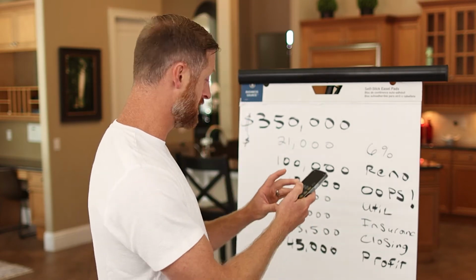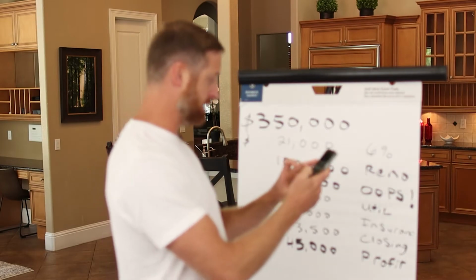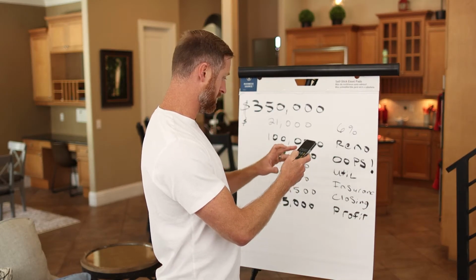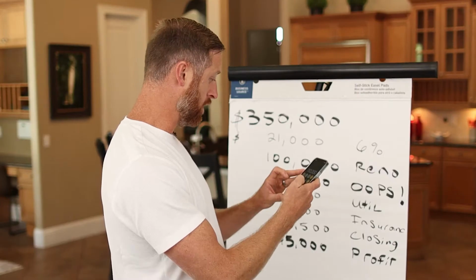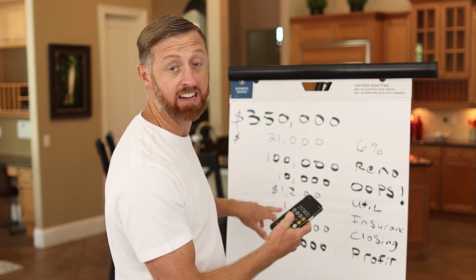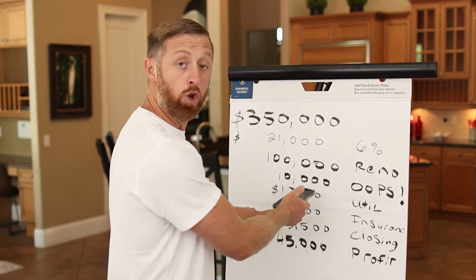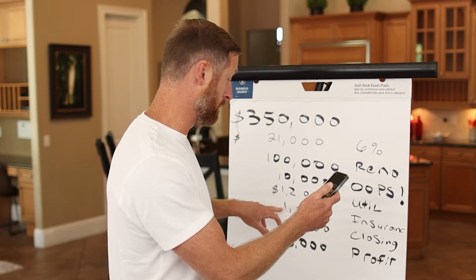So this is $350,000 minus the $21,000 in realtor fees, minus $110,000 to include the renovation, and minus $1,200 for utilities. I've actually had a $7,800 water bill one time. So luckily we had the contingency worked in because that's where the water bill came from.